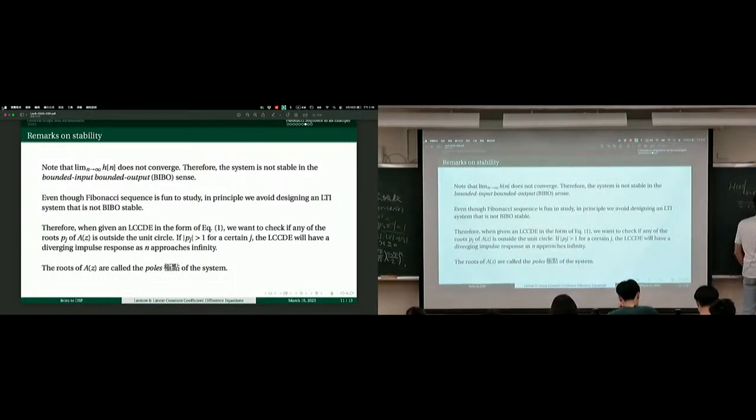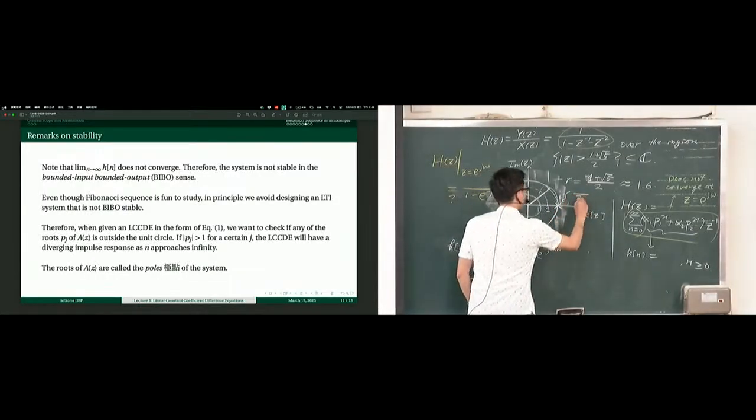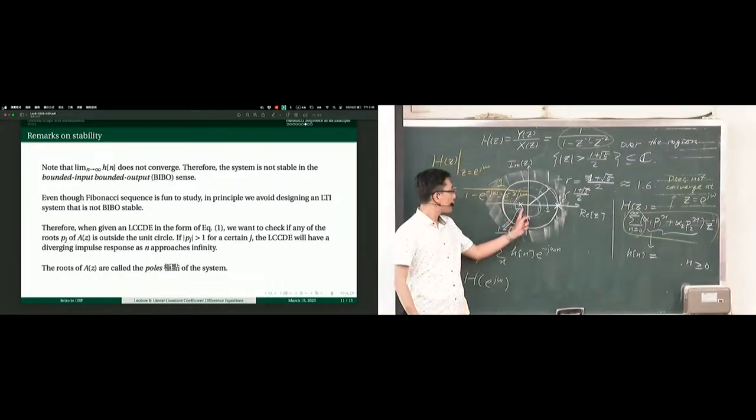One is right here, that's (1 plus square root of 5) divided by 2. And the other one is somewhere right here. The other root is (1 minus square root of 5) divided by 2. One inside the unit circle, the other one outside the unit circle.